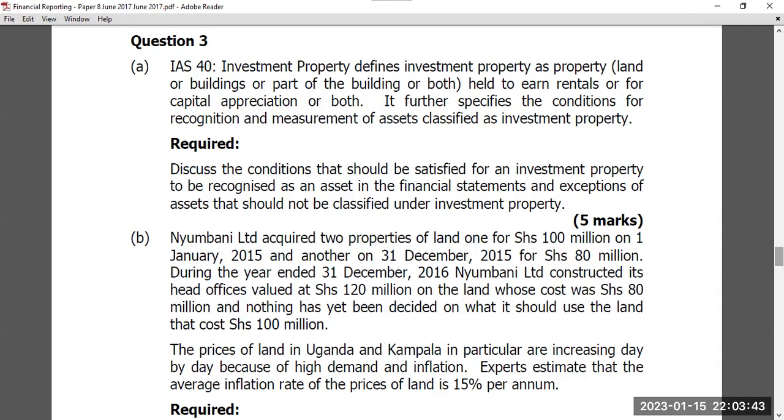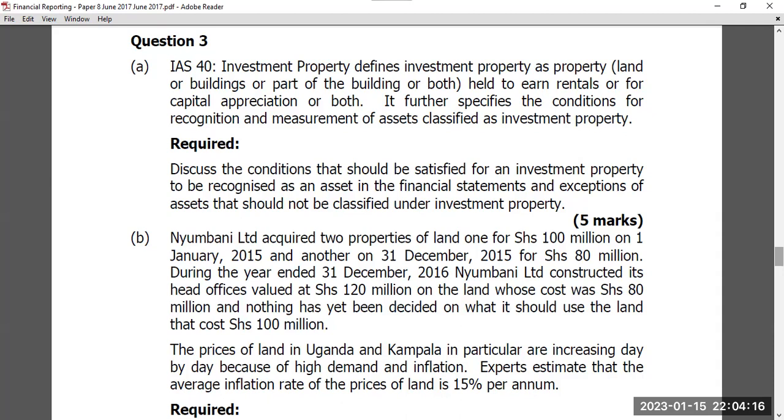When you take a look at this question, this is basically some of the things we discussed earlier in the first video, where we tried to look at what are some of the things that are included within the scope of IAS 40, or what are the limitations, because when you try to look at the exemptions of assets that shouldn't be classified under investment property, those are the examples we looked at.